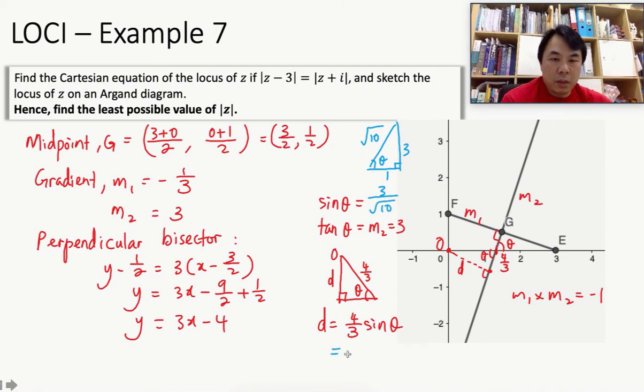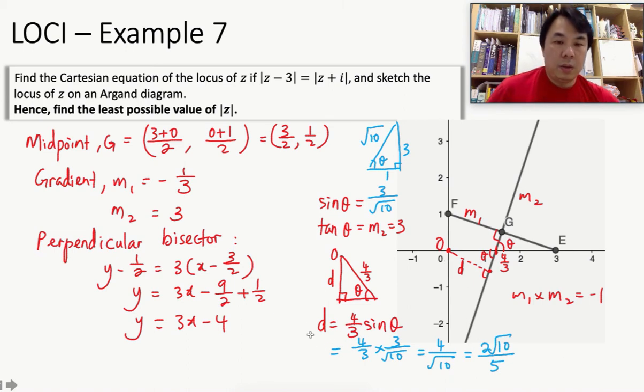And then I can substitute this into here, 4/3 times 3 over root 10, and that would actually give me 4 over root 10. You can leave it as it is, or if you want to rationalize that, it is actually 2 root 10 over 5. And that will be our shortest distance, the least possible value of z, which is the shortest distance from here. Now I hope that answers the last part here.